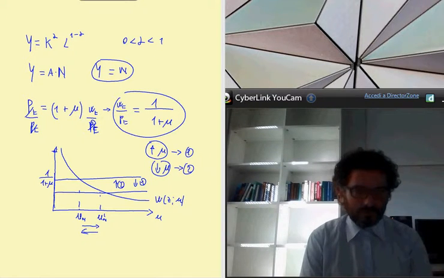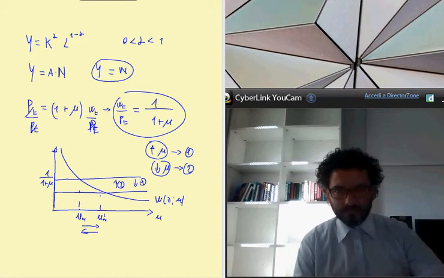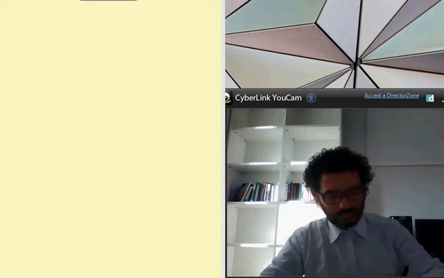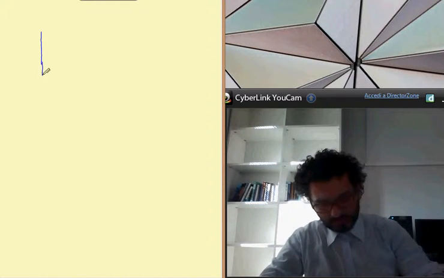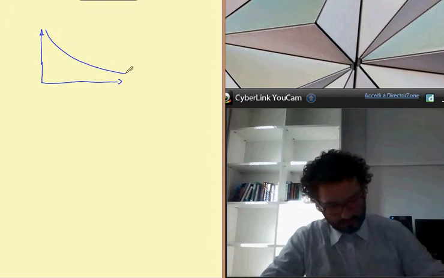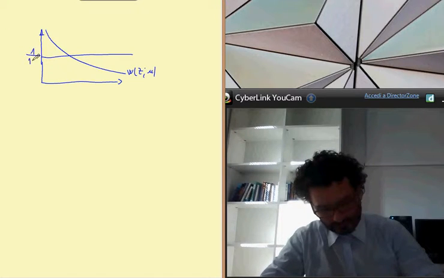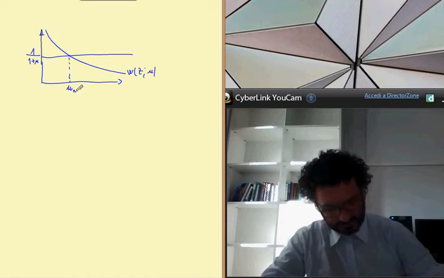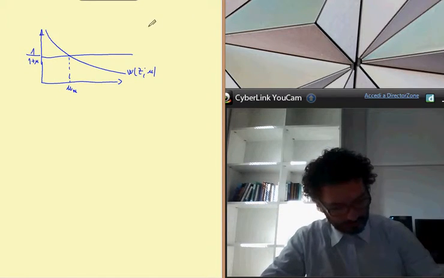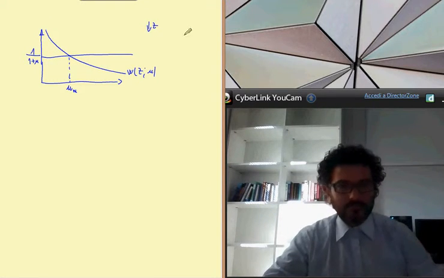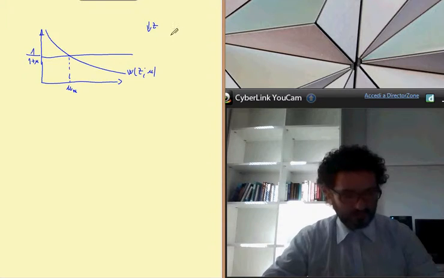As we can see, we can also move this relation, keeping this one fixed. In equilibrium we have the natural unemployment rate. Now suppose that we have a reduction in Z, so more flexibility in the labor market. In this case, this curve shifts to the left, and we have a reduction in the natural unemployment rate, the equilibrium unemployment rate, which is not the actual unemployment rate.